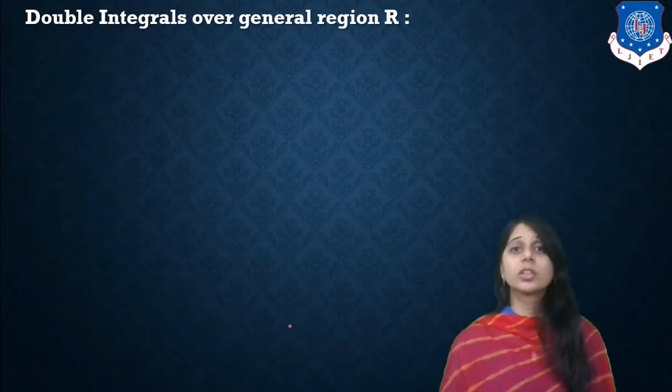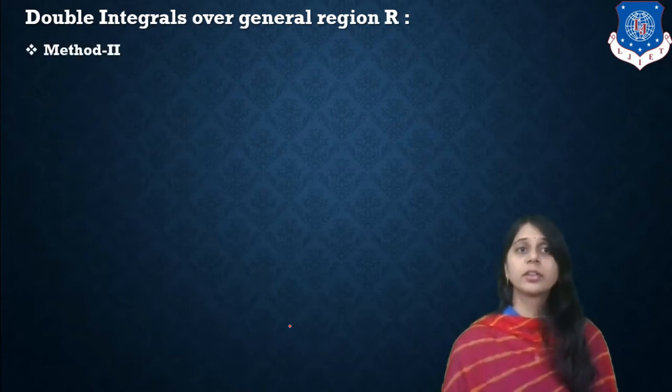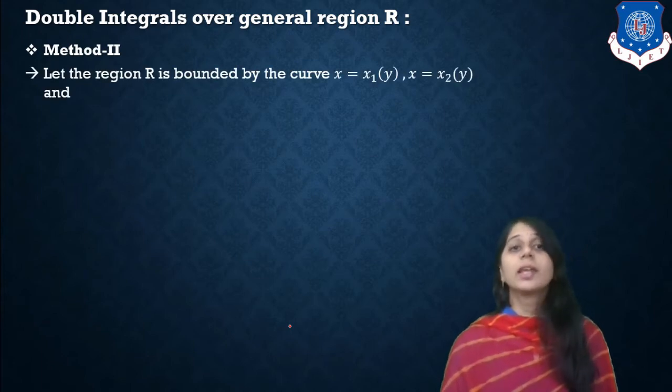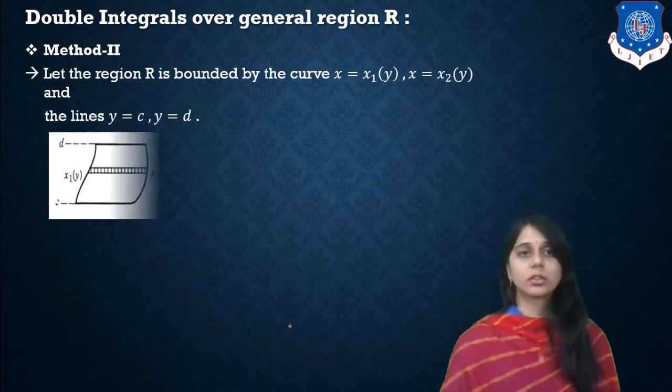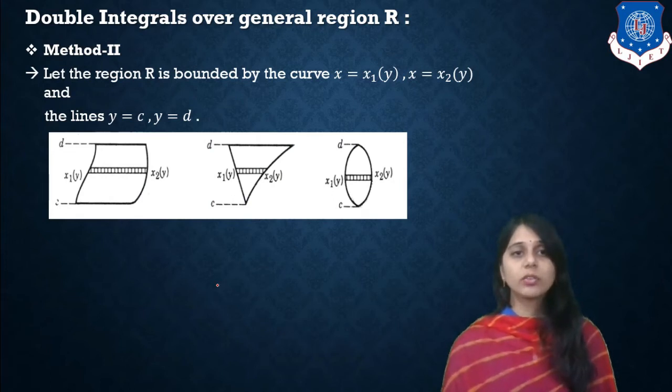Now, double integral over the general region R, method 2. Let the region R be bounded by the curves x equal to x1(y), x equal to x2(y) and the lines y equal to c and y equal to d. Now we say that if a parallel line y equal to c or d is fixed, then x1(y) and x2(y) are the boundaries along a horizontal line.